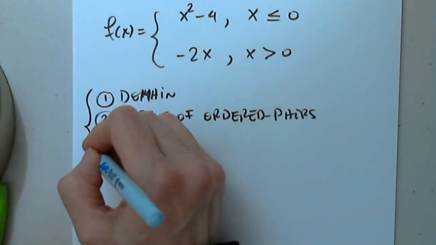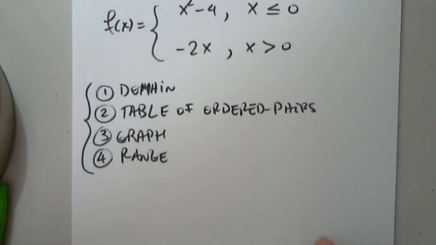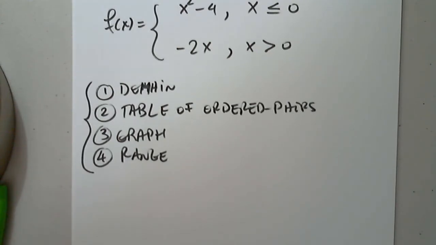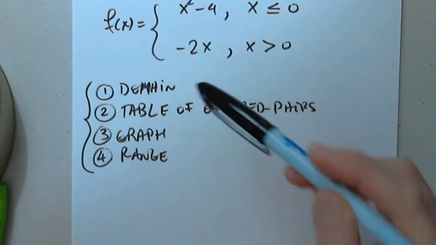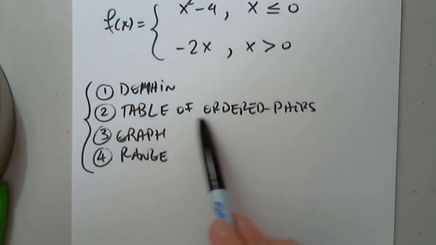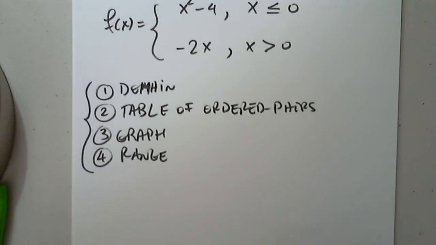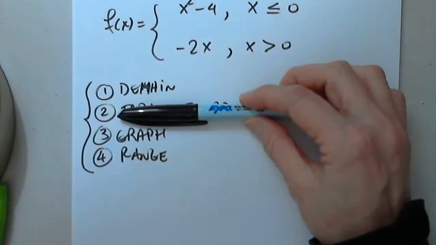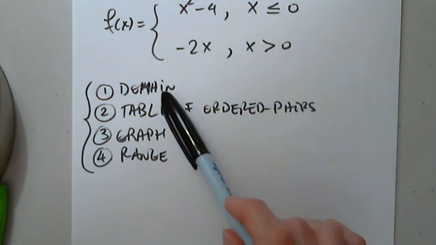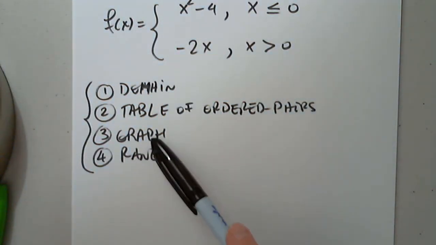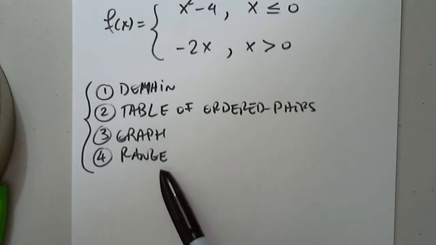So please keep this in mind every time. Now, if the graph is quadratic, we may have to find the vertex, the axis of symmetry, and so on. But in general, domain has to be the starting point, a table of ordered pairs, and if it's a simple situation where we want to use transformations, then we don't need to do this. But in general, domain, table of ordered pairs, the graph, and after we graph, we have to state the range.